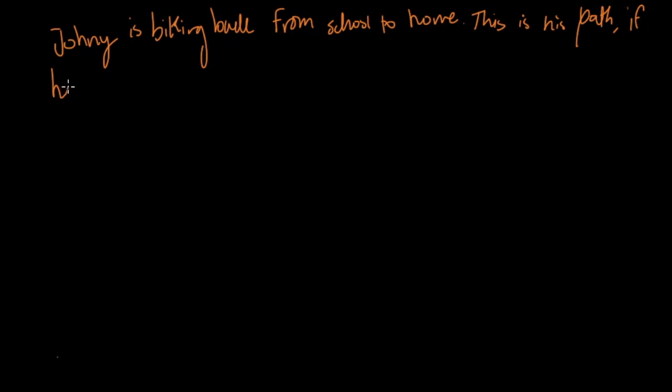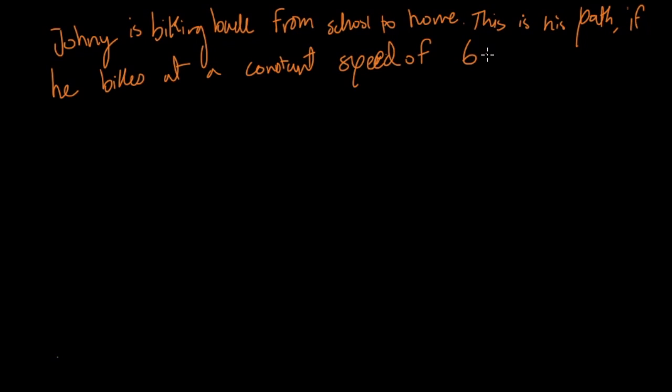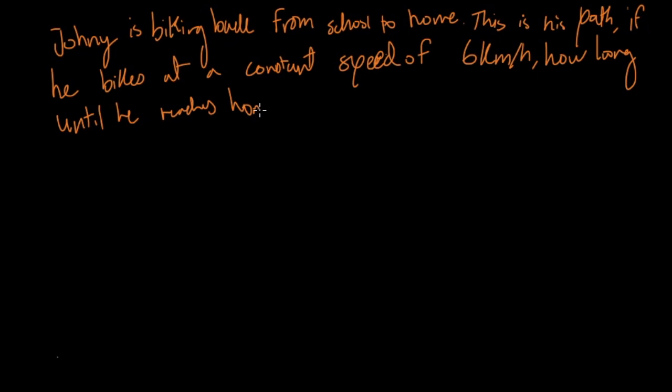If he bikes at a constant speed, meaning his speed is not changing, at a constant speed of, let's say, 6 kilometers per hour, how long until he reaches home? So now I have to show you what that would look like.